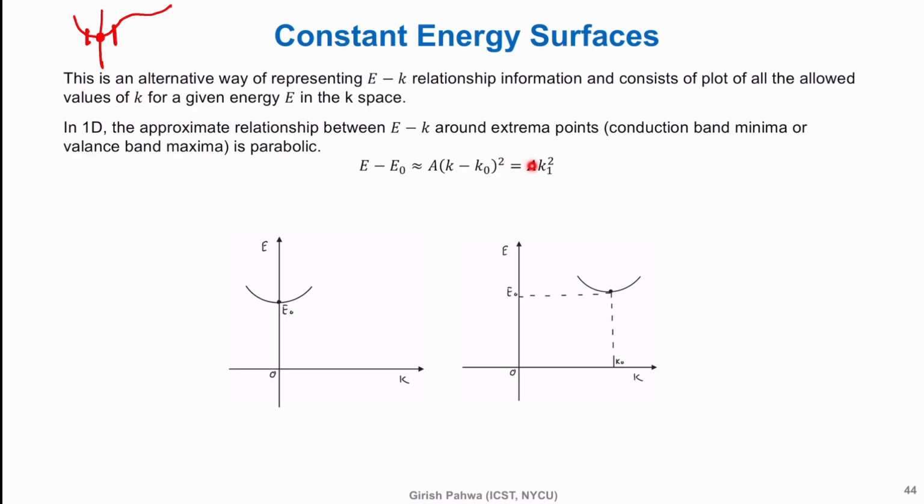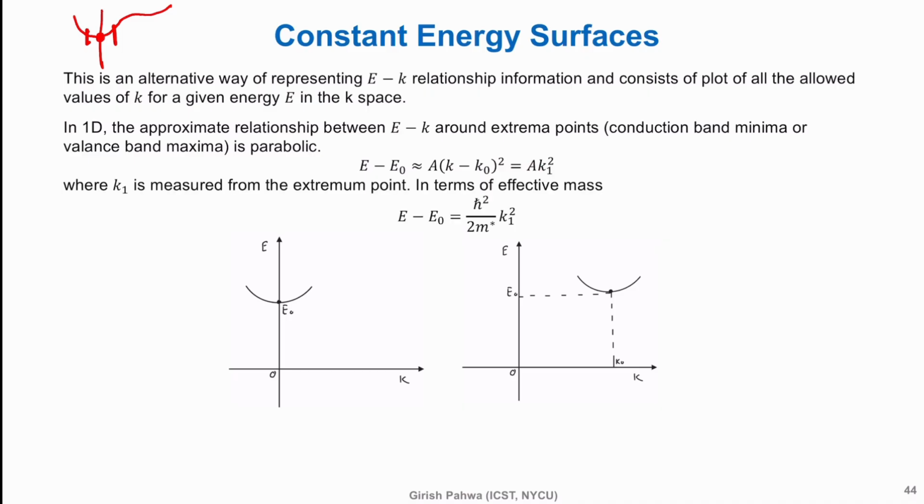If I calculate 1 upon d2E by dk square, I think it is h bar upon d2E by dk square, or whatever the formula is. So then you can get A in terms of the effective mass. Eventually you get E minus E naught is equal to h bar square divided by 2 m star, where m star is the effective mass, into K1 square, where A is equal to h bar square upon 2 m star. You can get that again from the definition of the effective mass.